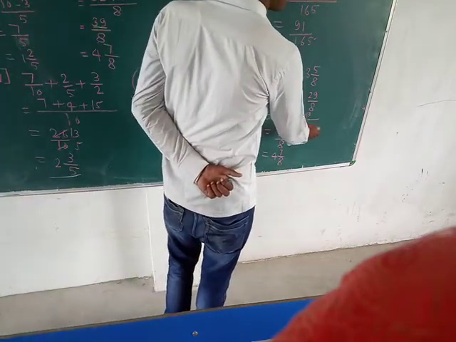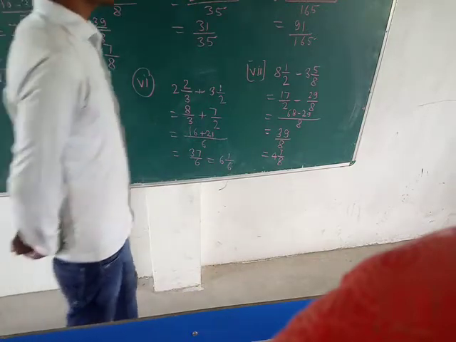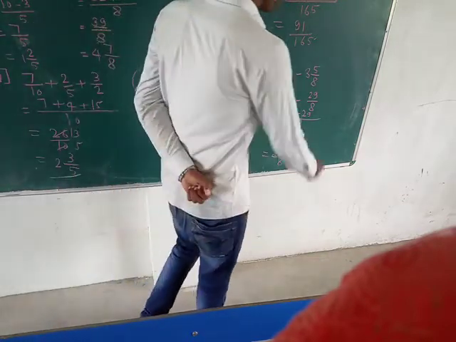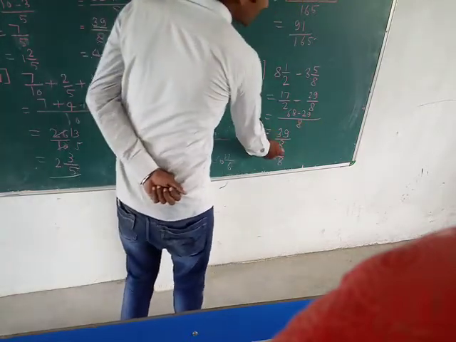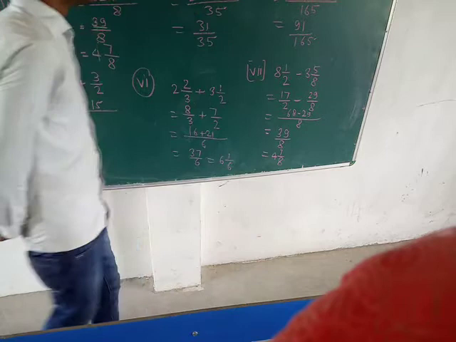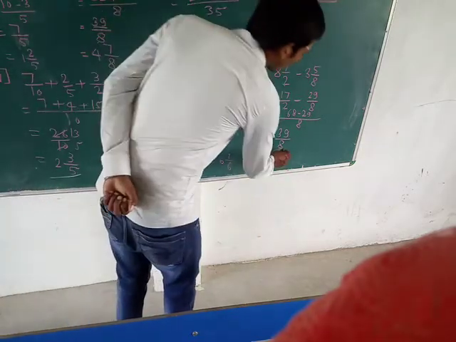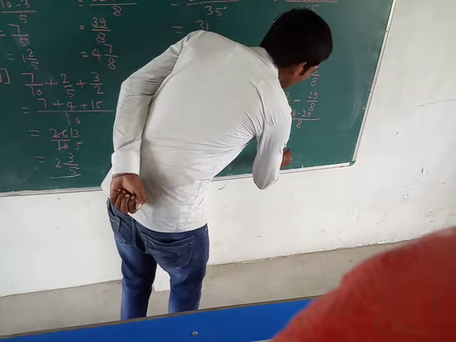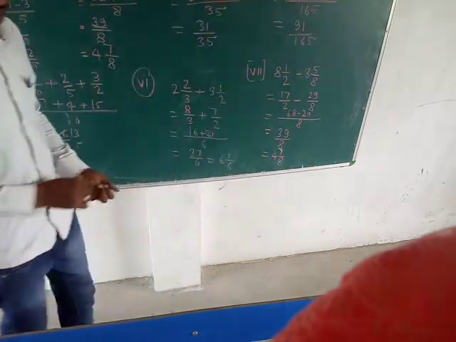And when we divide 8 by 8, we get 1. When we multiply 1 by 29, we get 29. Now we subtract 29 from 68, we get 39 upon 8. Now we change it into mixed fraction, we get 4 whole 7 upon 8. This is the answer of this question.